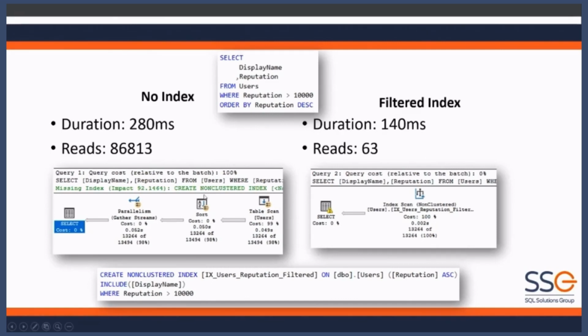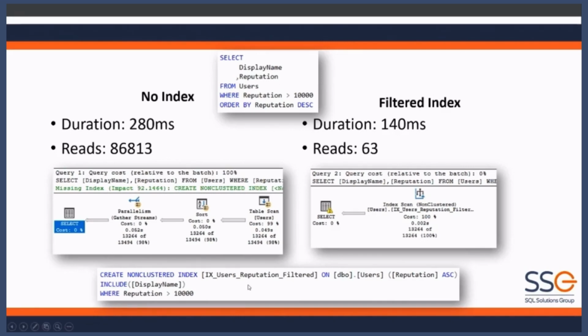And then because it's such a big query, it went parallel, so we have to gather the streams before we return the data. Of the two, this was 100% of our query cost. And we'll cover this later, but you can see in green, there's a non-clustered index it's asking for, which it thinks is going to improve the performance by 92%. We'll come back to what that green bit means.